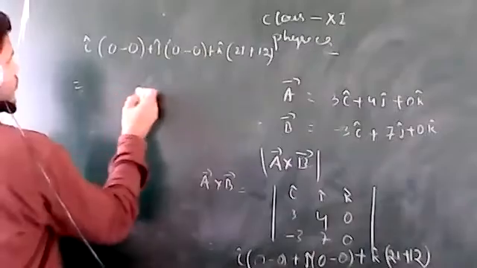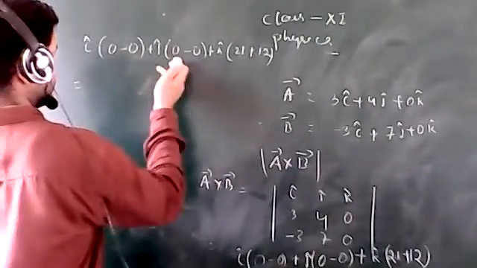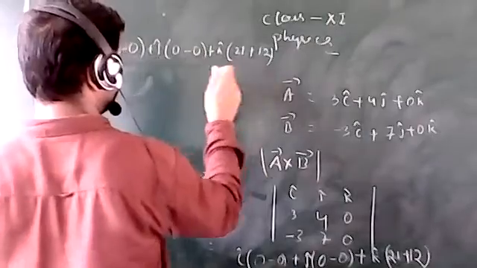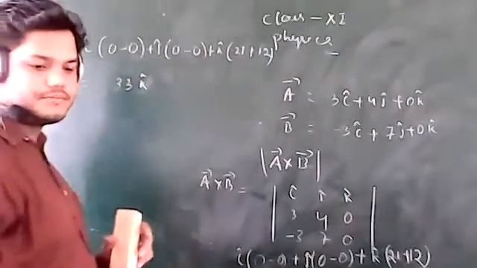So what will be the answer? 0 into I cap is 0, 0 into J cap is 0. Only the remaining part is 33 K cap. So this is the answer.